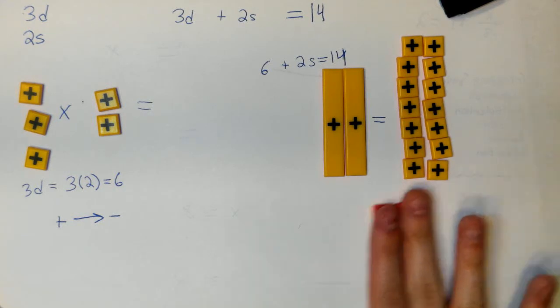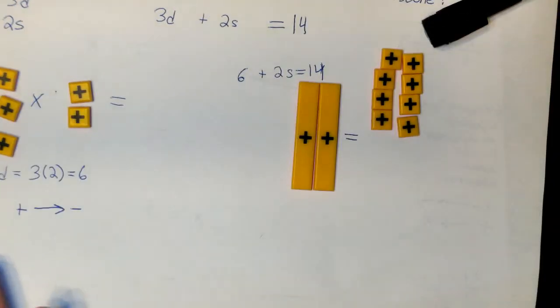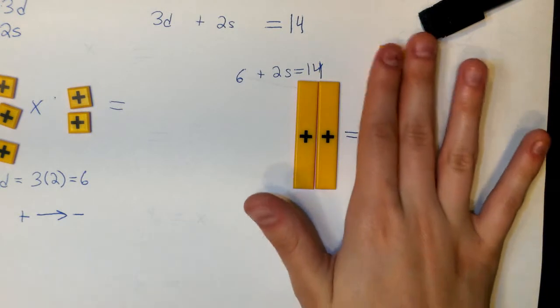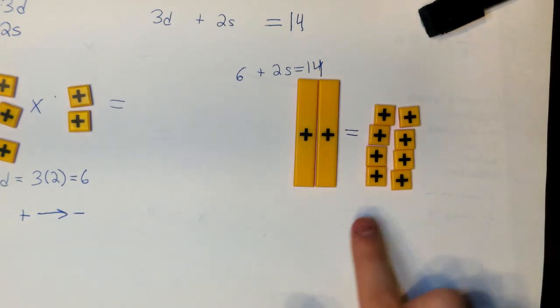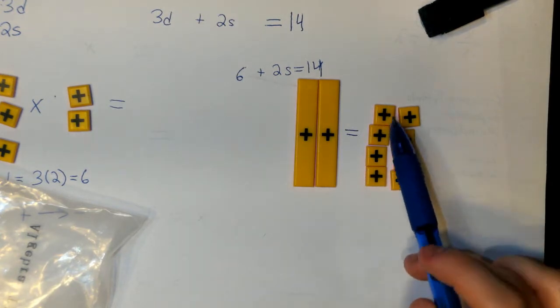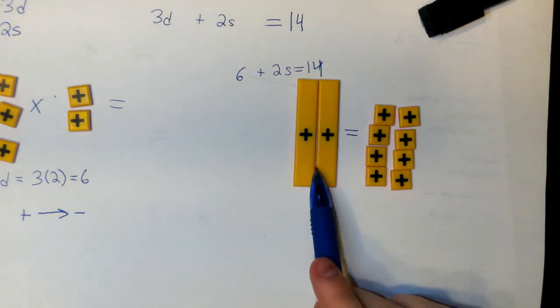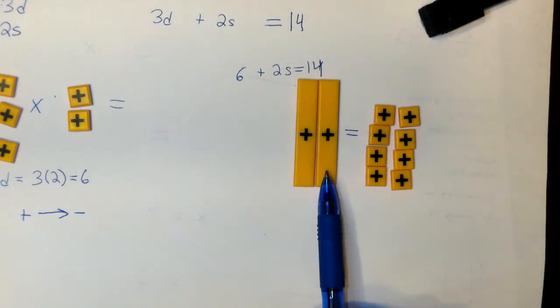So we're going to take the 6 away, and we're going to take 6 away from our positive. So we'll have 2s is equal to 8. So 2, 4, 6, 8. So how do we solve? Since we have 2 of these, I want to have just 1.